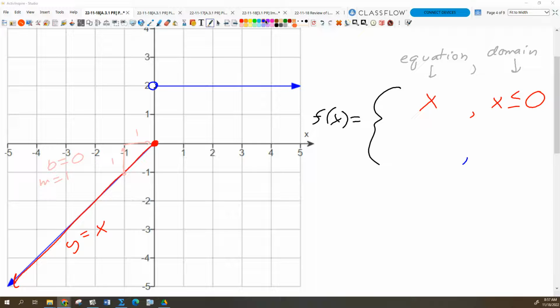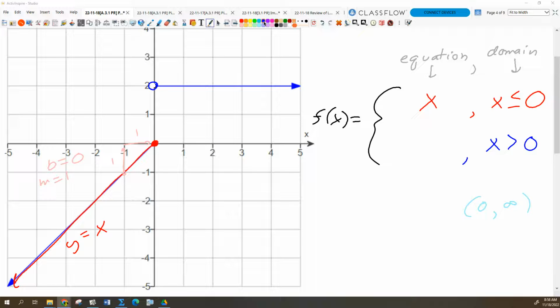The domain of the blue piece, just the x values, start at x equals 0 and go to infinity. So we could write it using interval notation like that, couldn't we? But we want to say that as an inequality.